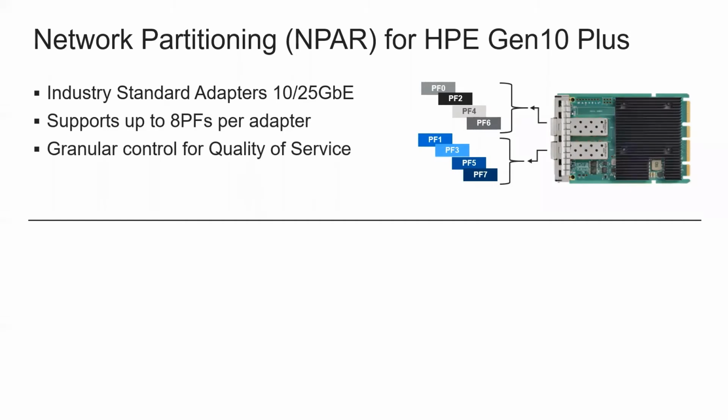The system administrator can carve up the available bandwidth of the physical port and provide dedicated bandwidth to each of the physical functions. Bandwidth can even be over-provisioned. That means that unused bandwidth from other local PFs can be used if bandwidth is available.